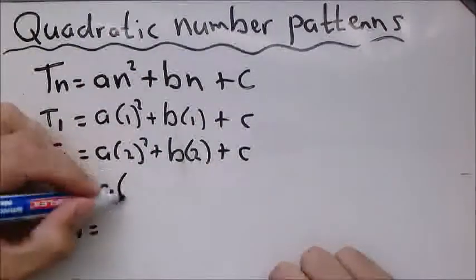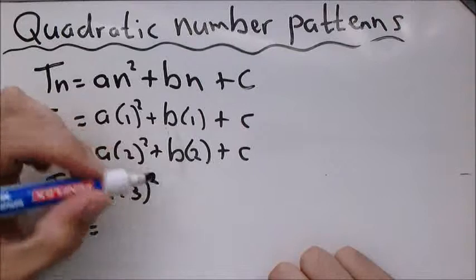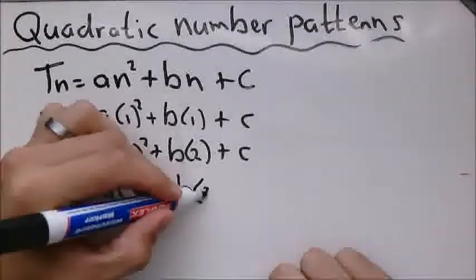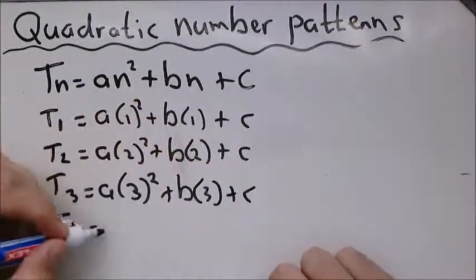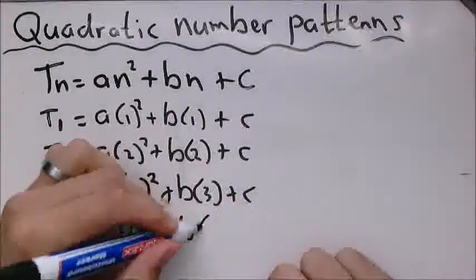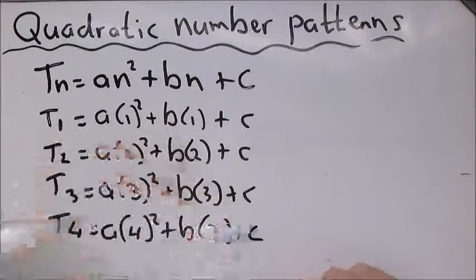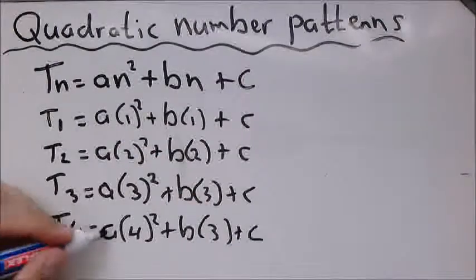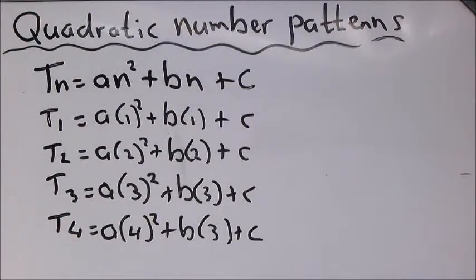And over here, n will become 3. And over here, n will become 4. We don't have to continue any further than this. This is just to help us work through it and to explain it better.